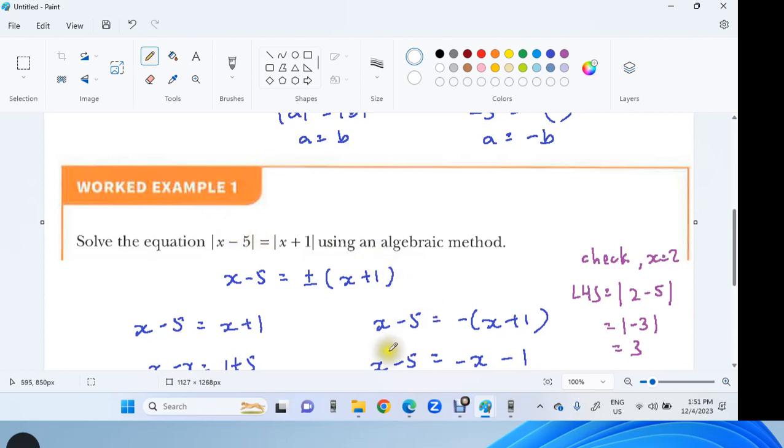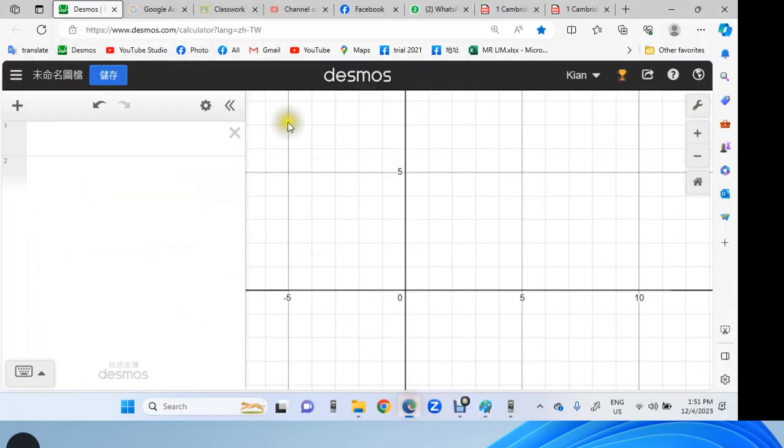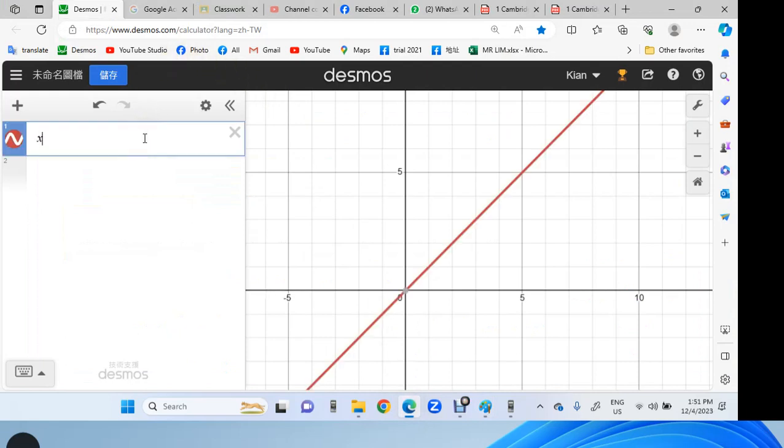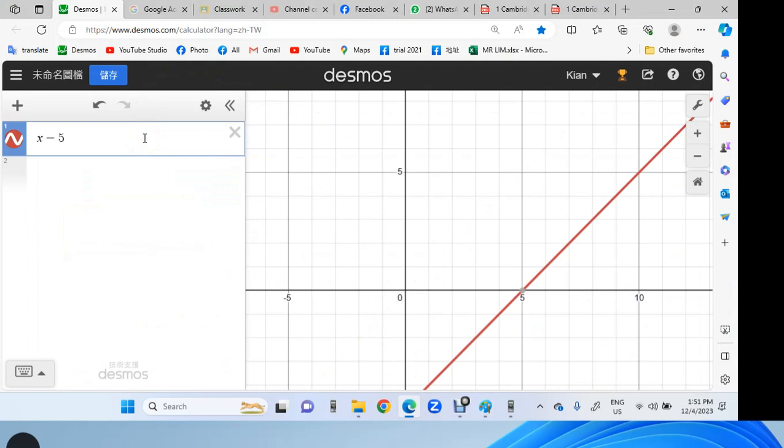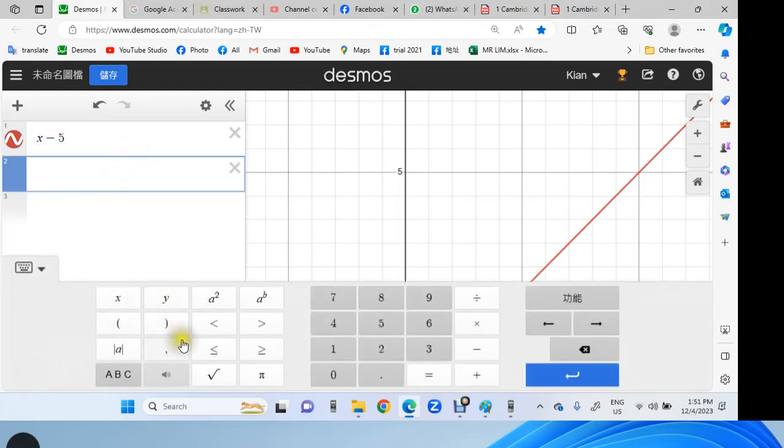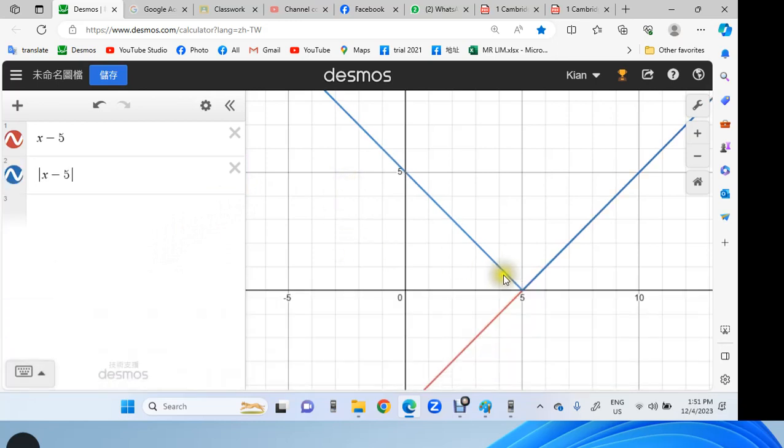We have the x minus 5 looks like this. When we do the modulus, it will become this. So the negative part will become the positive part.